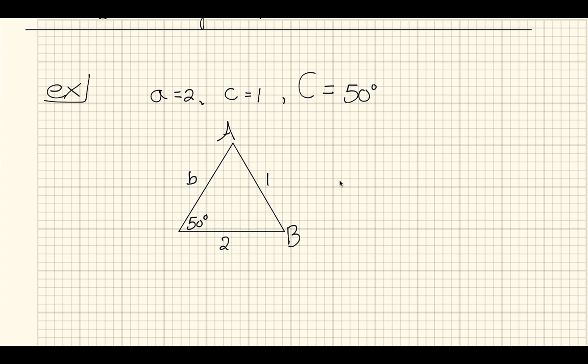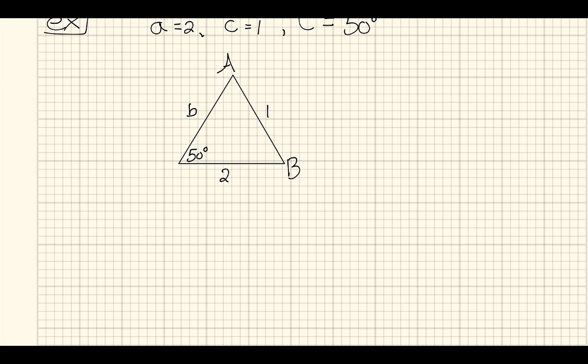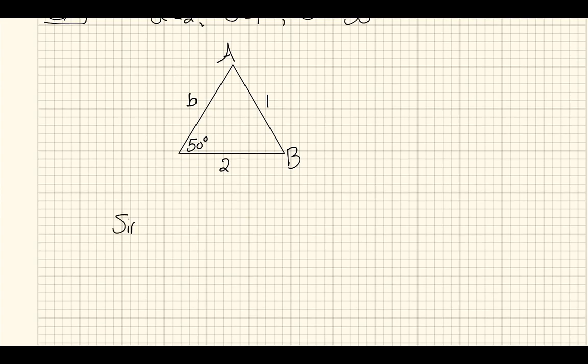Okay, so let's go ahead and try to solve for one of these angles, like angle A, for instance. I do know 50 goes with 1, so I can use that, and then the 2 goes with angle A. So if I'm trying to solve for that, I could say the sine of 50 over 1 equals the sine of A over 2.